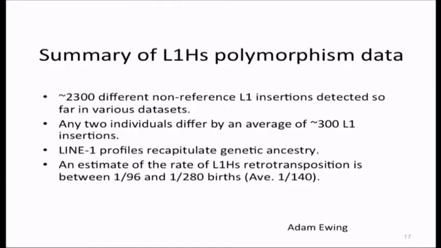So here's a summary of some of the data that Adam got on human-specific L1 polymorphisms. There are now something like 2,300 different non-reference L1 insertions that have been detected in various data sets. Interestingly, any 2 individuals will differ by an average of around 300 L1 insertions.